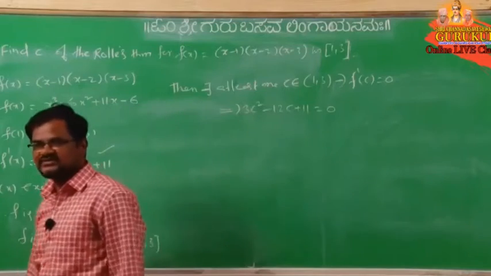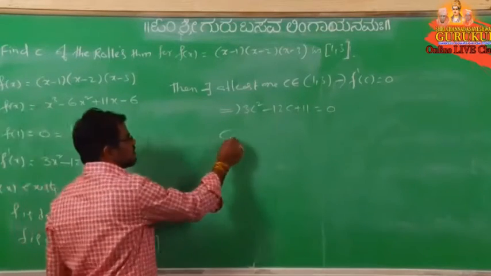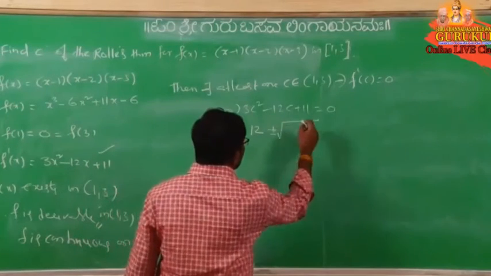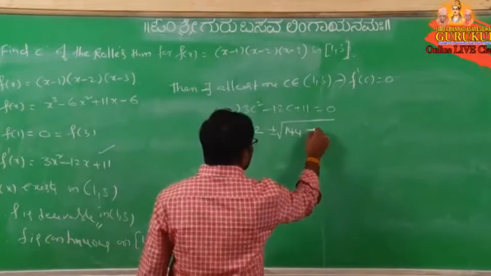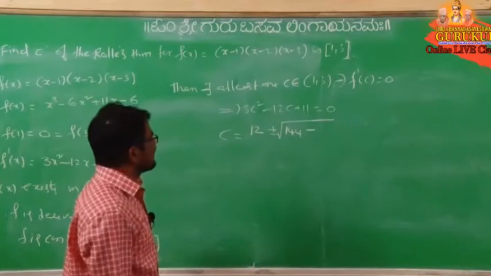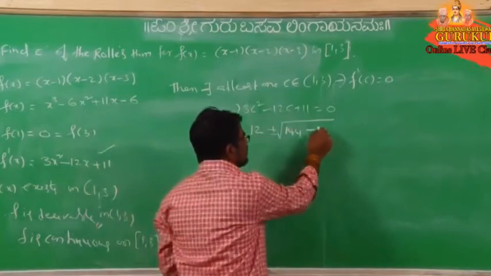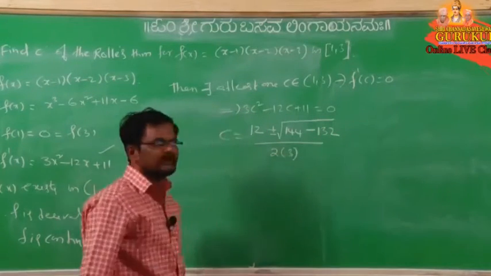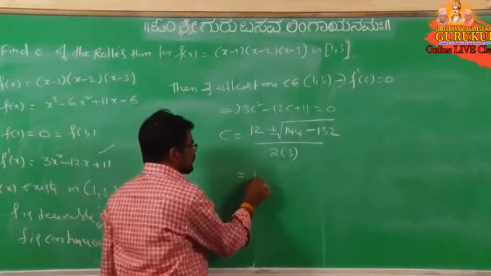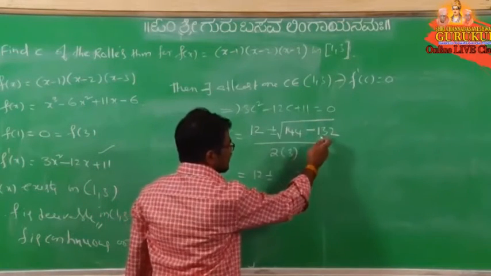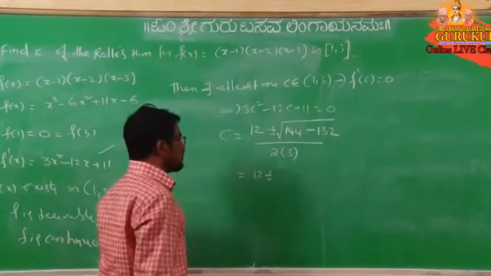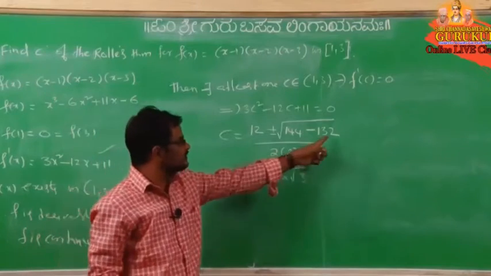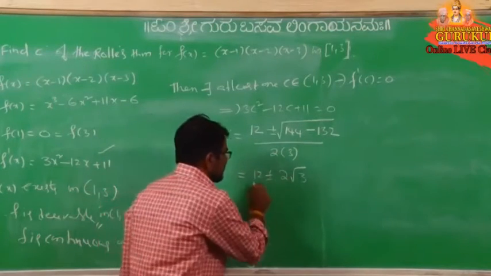Do you have the factors for this one? So apply this one: c equal to minus b plus or minus root of b square minus 4ac, that is 12 plus or minus root of 144 minus 4ac, 12 into 11, 132, divided by 2a, right? Now that is equal to 12 plus or minus 2 root 3, since 8 plus 4 is 12, divided by 6.